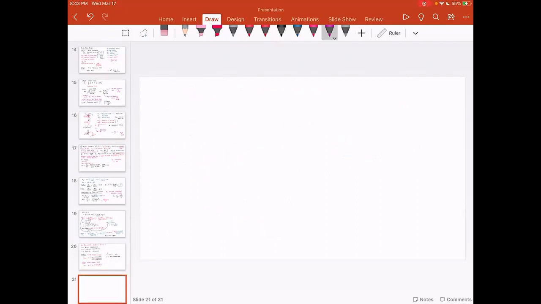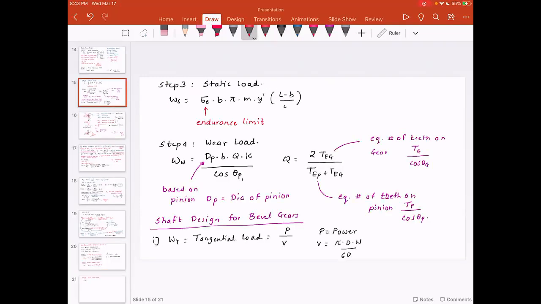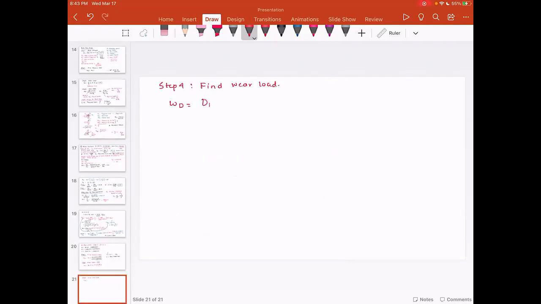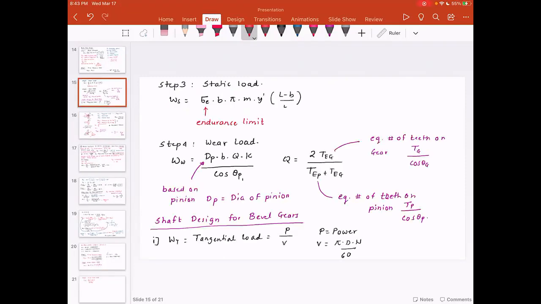And the last step is to find the wear load, which is WW, and the equation is d P B Q K divided by cosine theta P. But one thing you should keep in mind is that Q is given in terms of the equivalent number of teeth: Q is 2 TEG divided by TEP plus TEG.